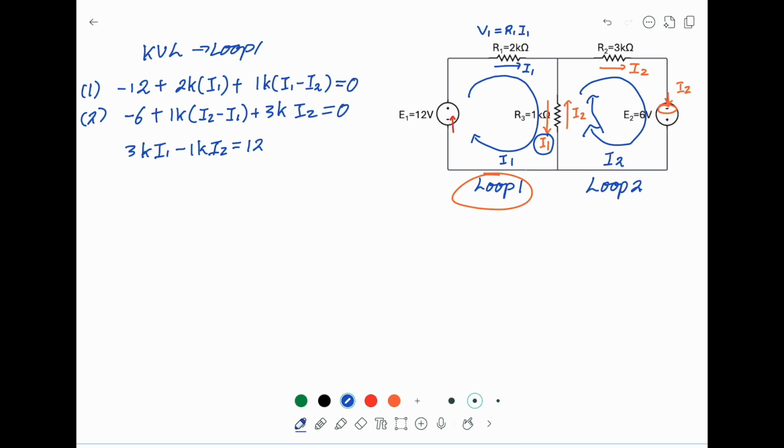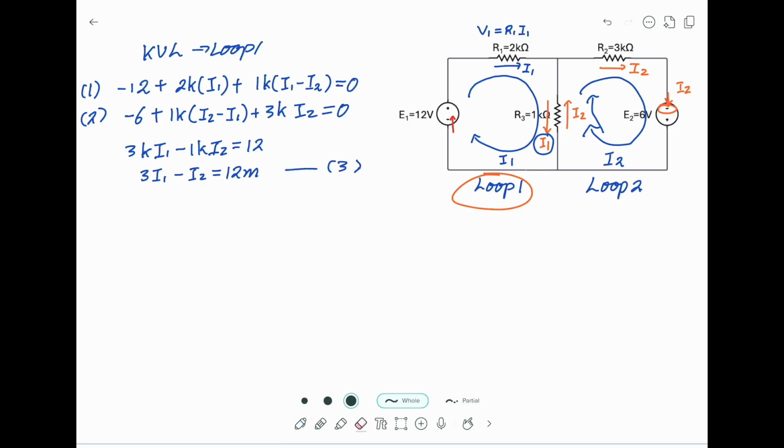So it will make the coefficient of I1 become 3 I1 minus I2. When 12 divided by 1000, it is 12 times 10 to the minus 3. And 10 to the minus 3, the prefix is m. So it becomes 12m. So this is our equation 3.